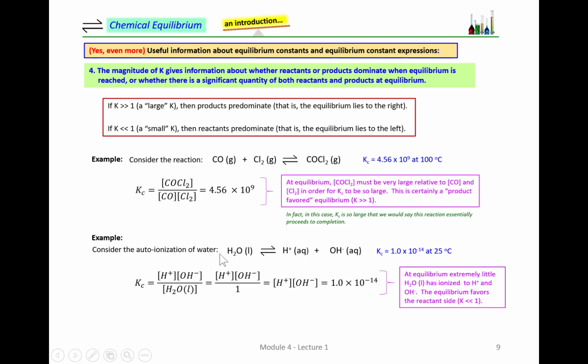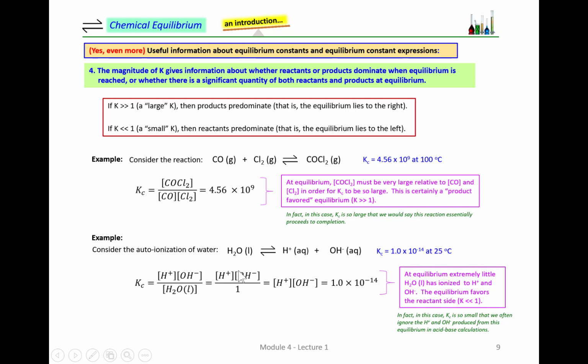In fact, this Kc is so small that we often ignore this reaction when we talk about acid-base reactions in future chapters. We say we're going to ignore the contribution of liquid water to the concentrations of H+ and OH- since this equilibrium so strongly favors the left side.